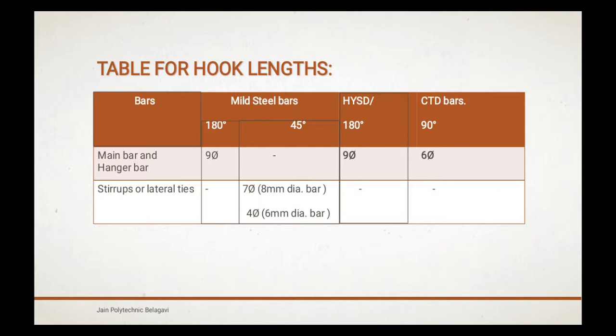For mild steel bars, at 180 degree, 9 times the dia is used, and at 45 degree, 7 times the dia. For 8 mm dia bar, 4 times the dia is used, and the same for 6 mm dia bar. For HYSD at 180 degree, 9 times the dia is used, and for CTD bar at 90 degree, 6 times the dia is used.